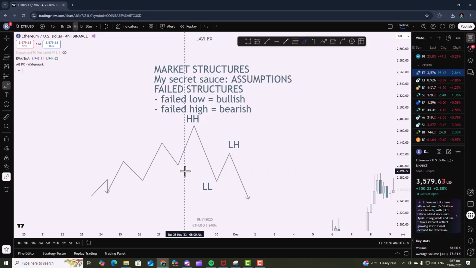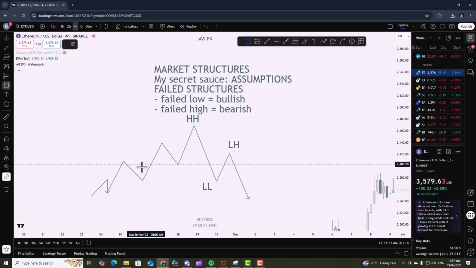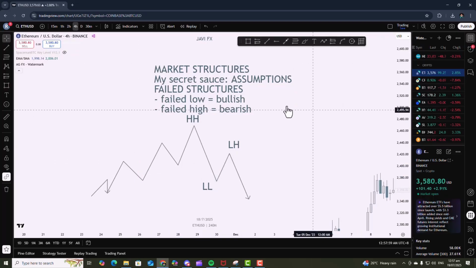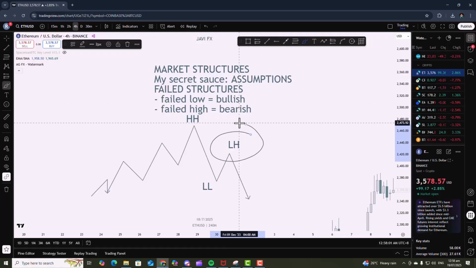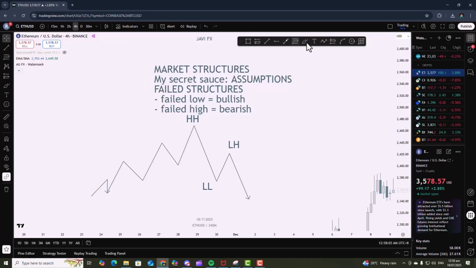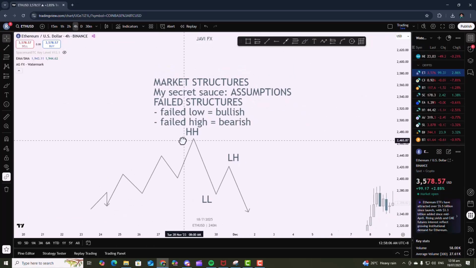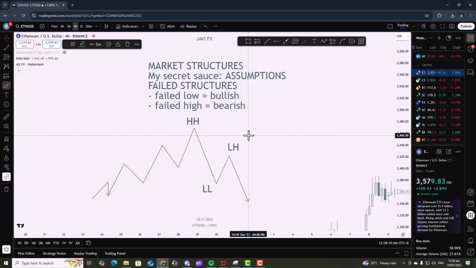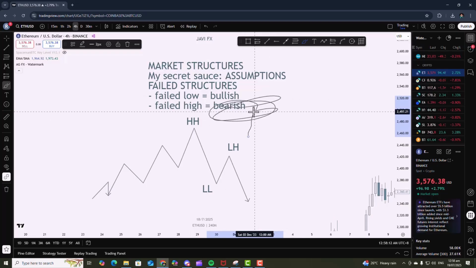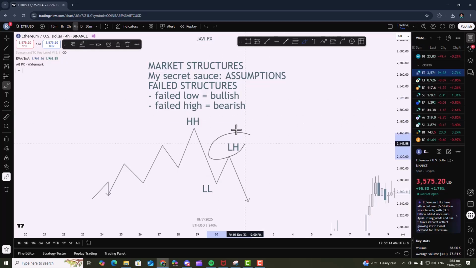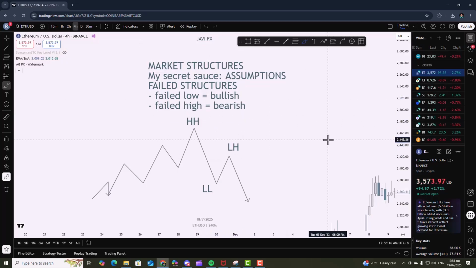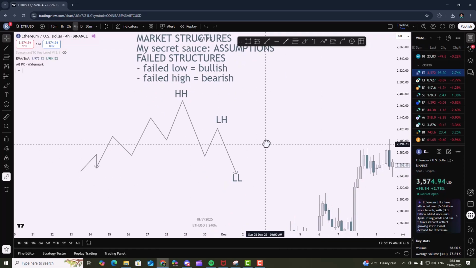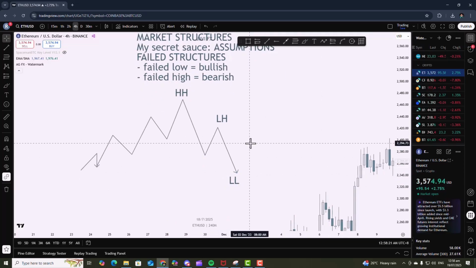Fine. Now, after a higher low, or let's say this is still a key level, we see a lower high form. And the assumptions alone will tell you that after a higher high and a higher low, you're supposed to break structure to the upside and create another higher high. However, you created a lower high and another lower low. Therefore, our bullish trend is invalidated, right?